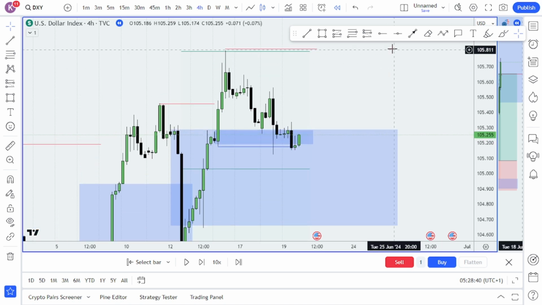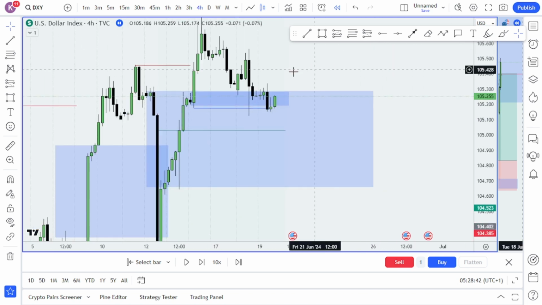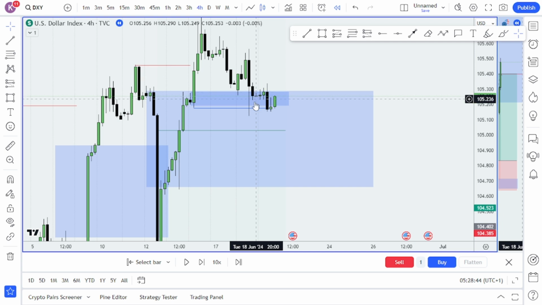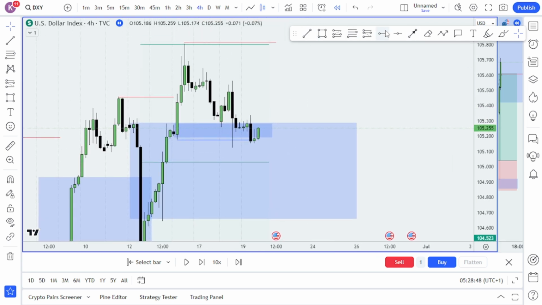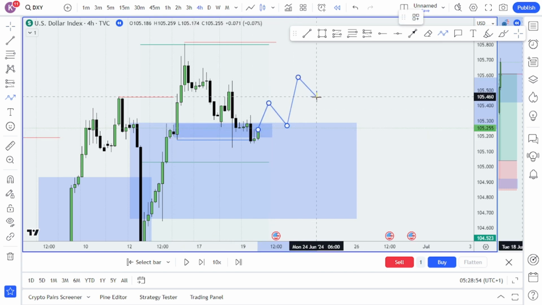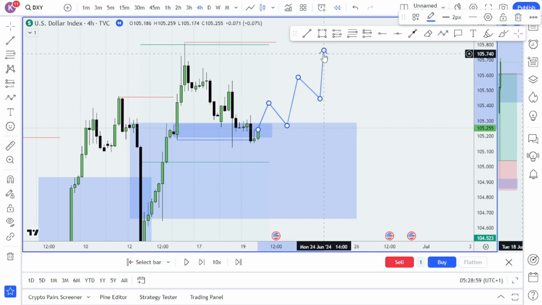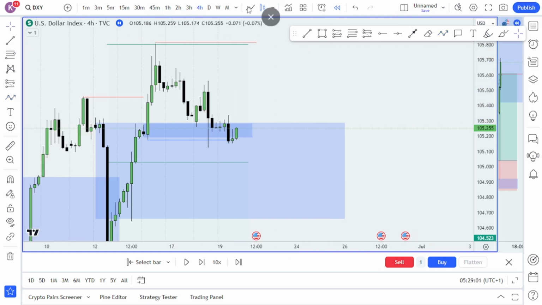It's a daily level, and then price literally got into a point of interest. Once price reaches a POI and something like this happens, we have started creating new swings, new 4-hour swings. So we're going to trade in line with those swings. That's what I know, and that's how it works.